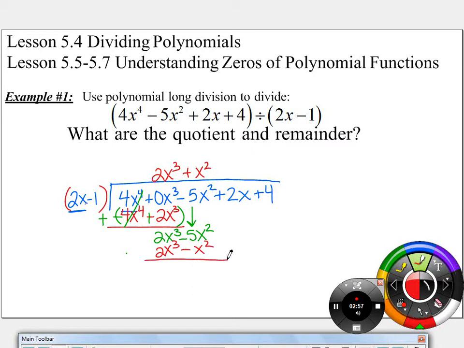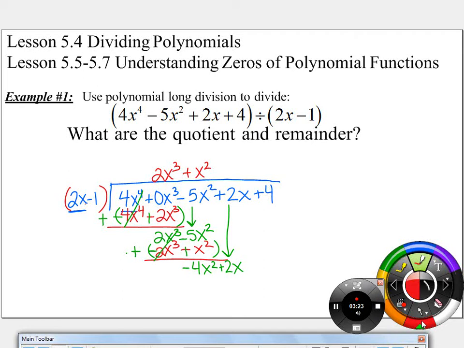Again, we're doing the process of subtraction here. Subtracting a polynomial is the same thing as adding the polynomial if you have distributed the negative to each of the terms. So the 2x cubed will cancel out, and I'll have negative 5x squared plus x squared, which is negative 4x squared.